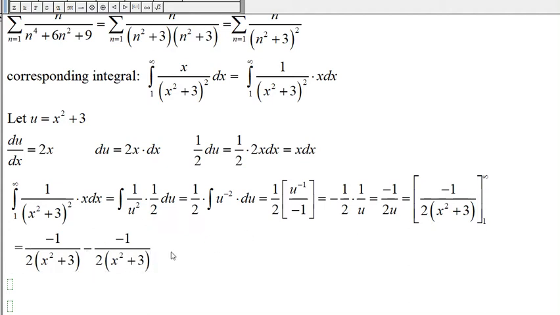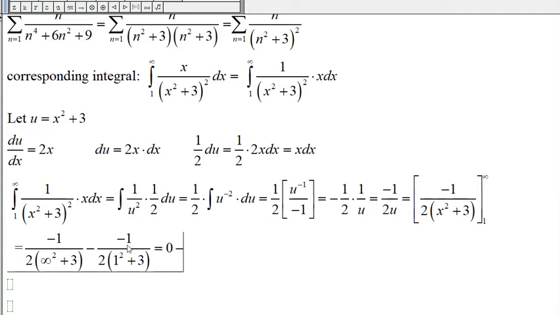So the upper limit of integration: when x is infinity, we get negative 1 divided by infinity, which is 0.